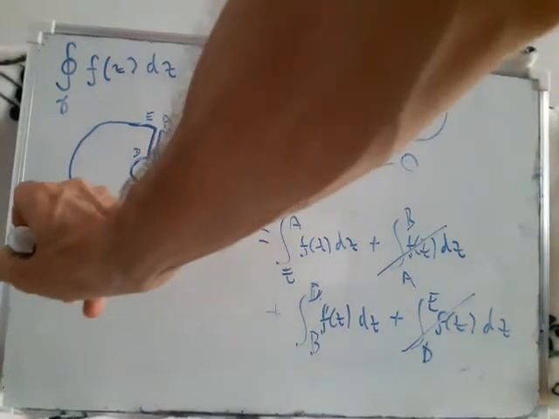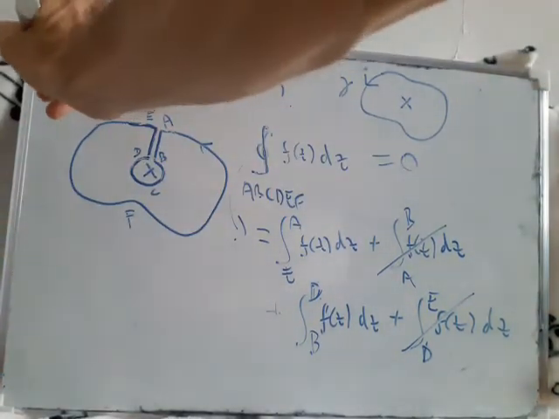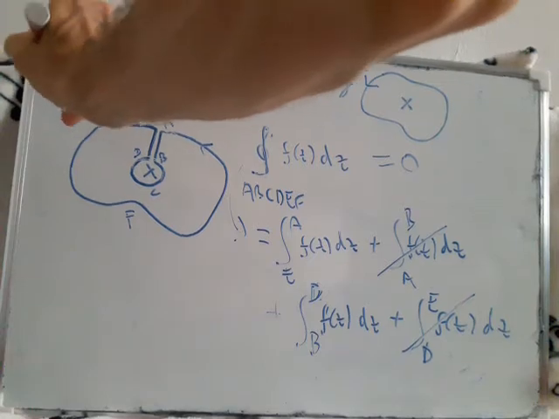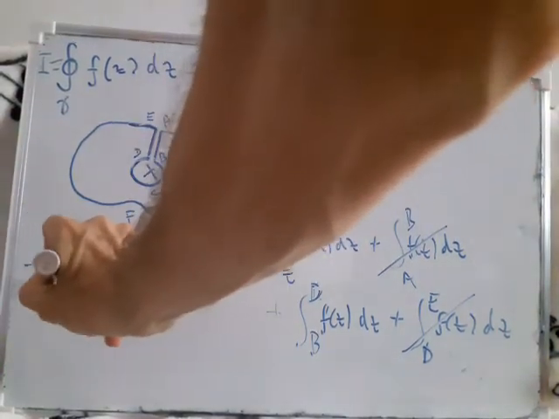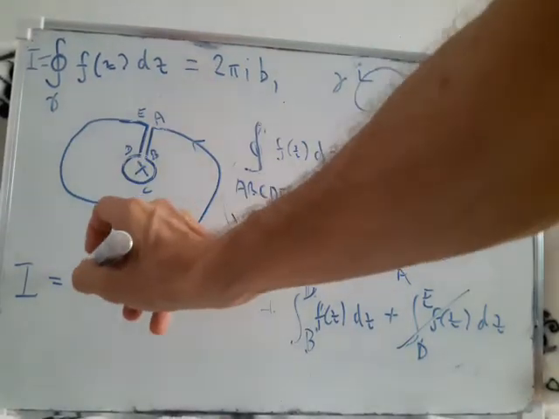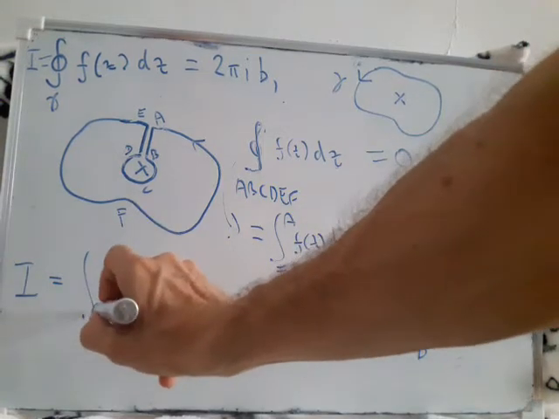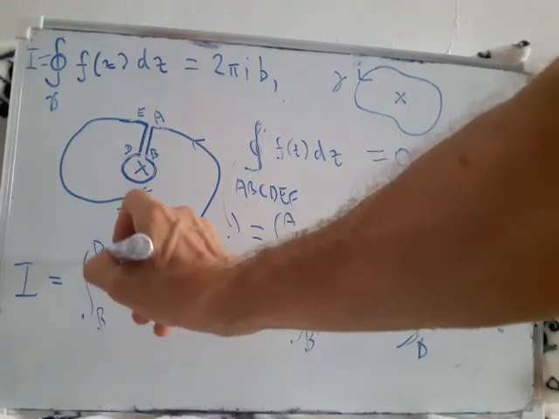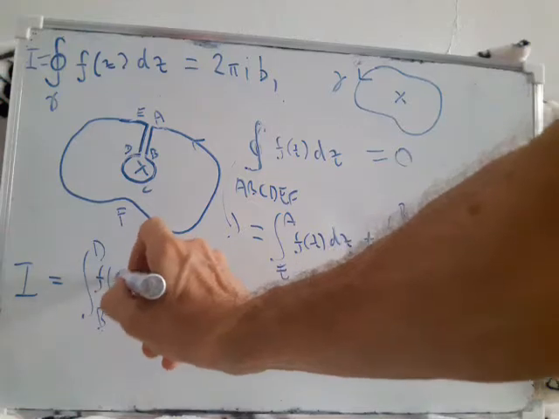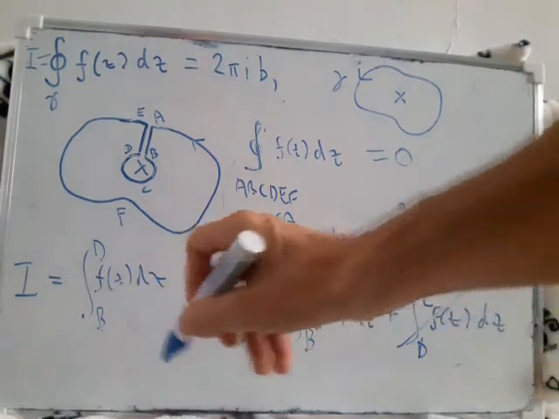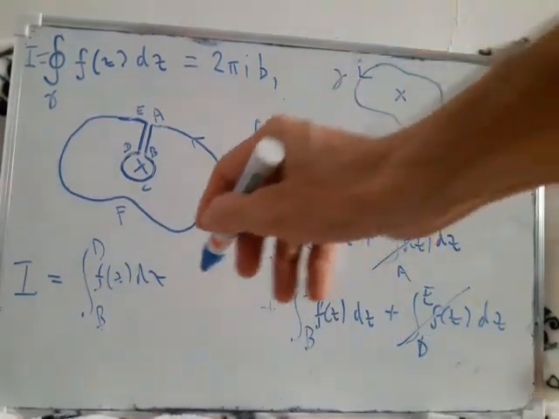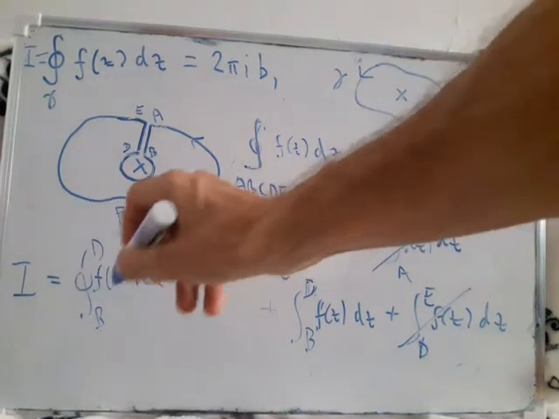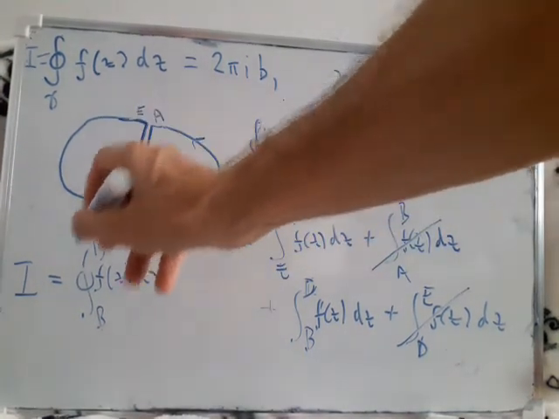So that means that the integral that we actually want, let's just call the integral we want I, is going to be the integral from B to D around this circle of f of z. Now, this is a clockwise integral.